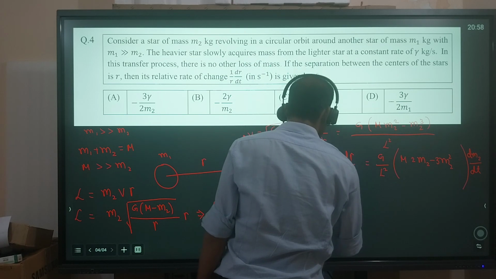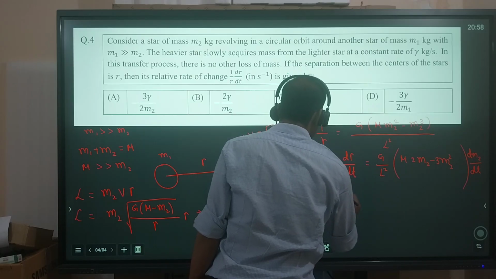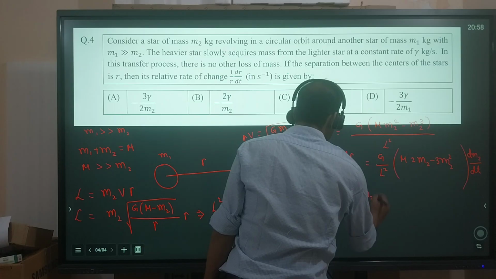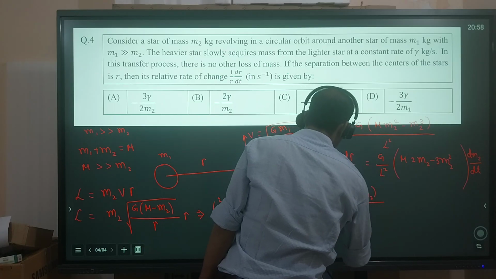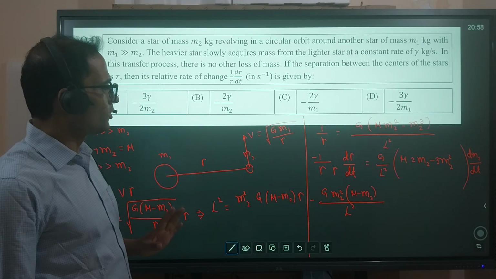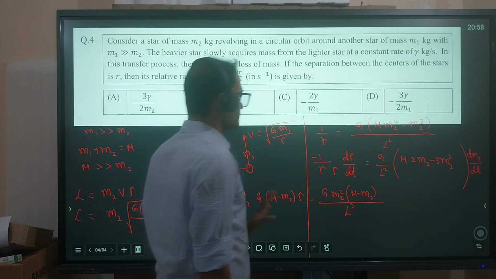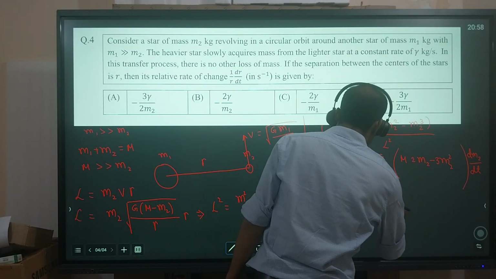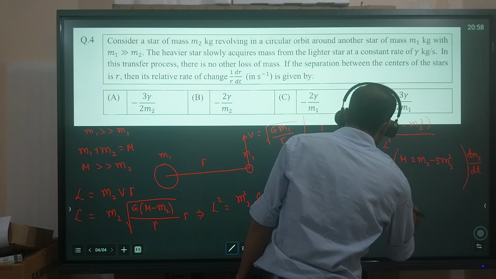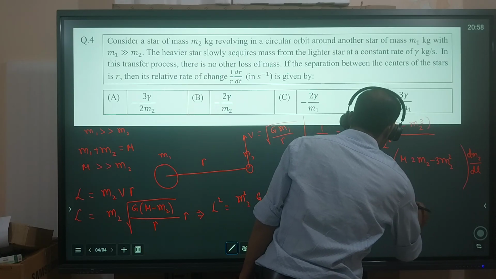I will take M2 square common. So M minus M2 and L square is there. This whole thing is only for 1 by r. And 1 by r dr by dt is still there.